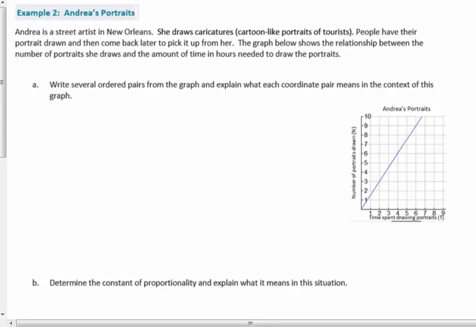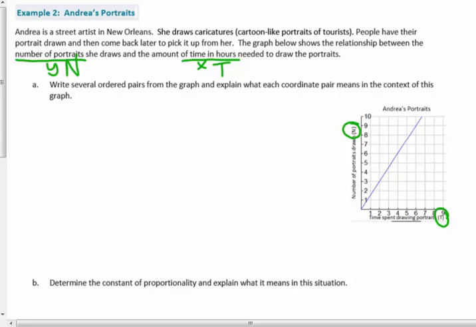The number of portraits, notice that's on the y-axis, and they're calling it n now. See the n here? And the time in hours, that's on the x-axis, and they're calling it capital T, needed to draw the portraits.